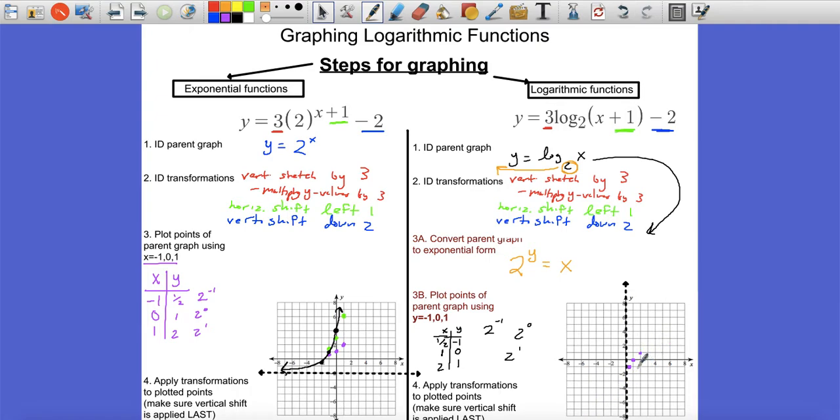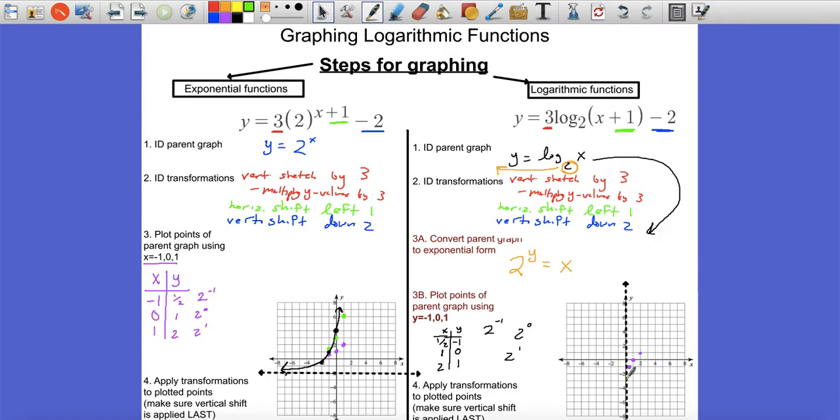But we need to apply our transformations now, making sure the vertical shift is applied last. So we're going to start with our vertical stretch. So we're multiplying y values by 3.